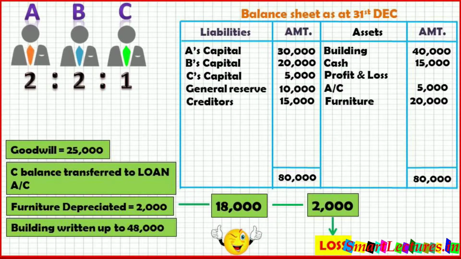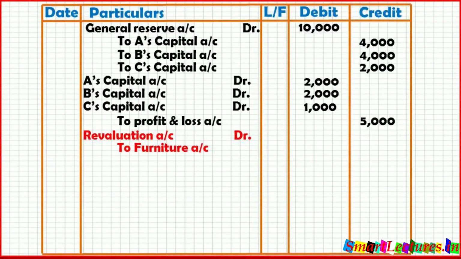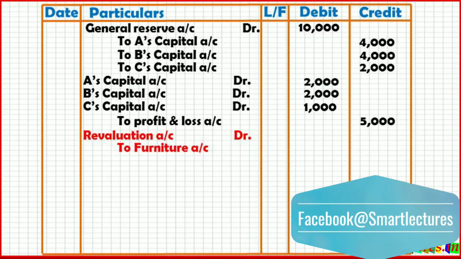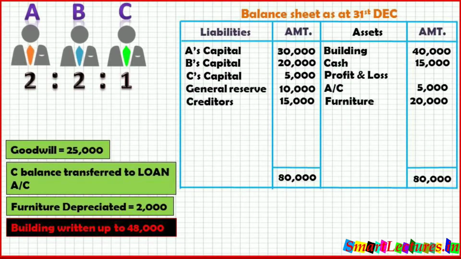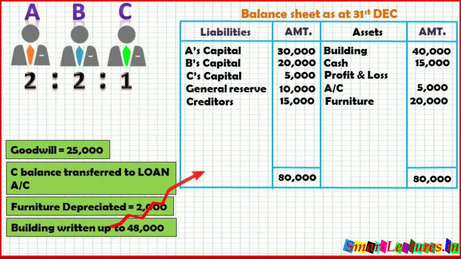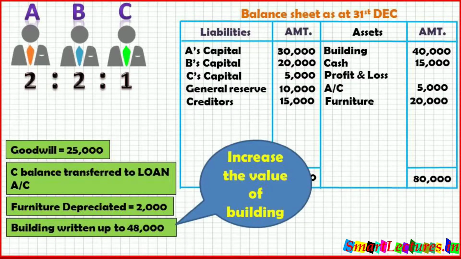It's a loss. And whenever there is loss, we have to pass the journal entry revaluation account debit to furniture, rupees 2,000. And then building was written up to rupees 48,000. Be careful, written up, it means it has to be raised. We have to increase the value of building.